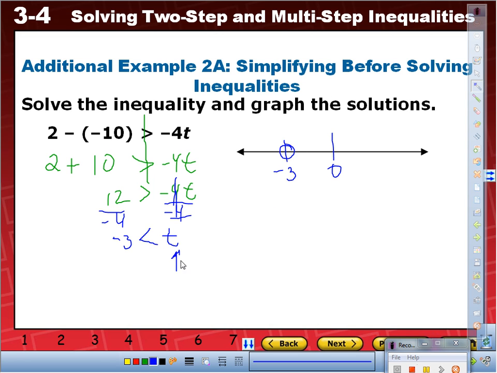What numbers can I substitute in here to make this true? Negative 3 is smaller than this number. What would this number be? Negative 2 and anything to the right. Right? Okay, solution set: all t's such that t is greater than negative 3.